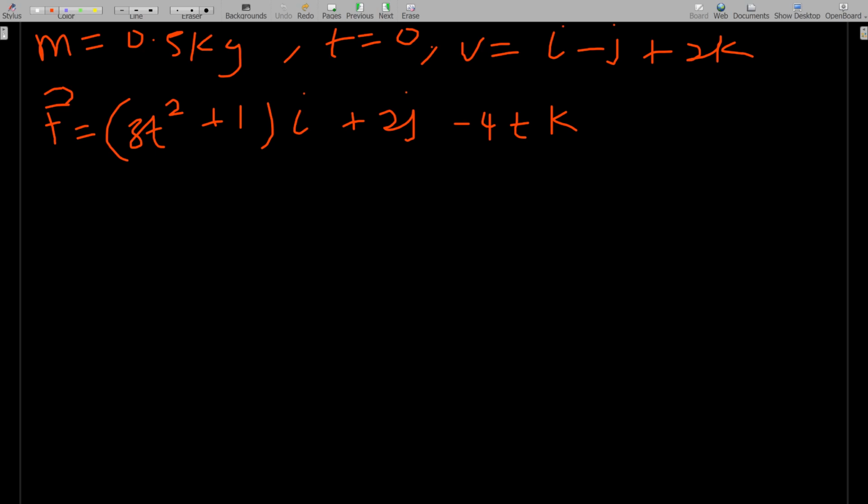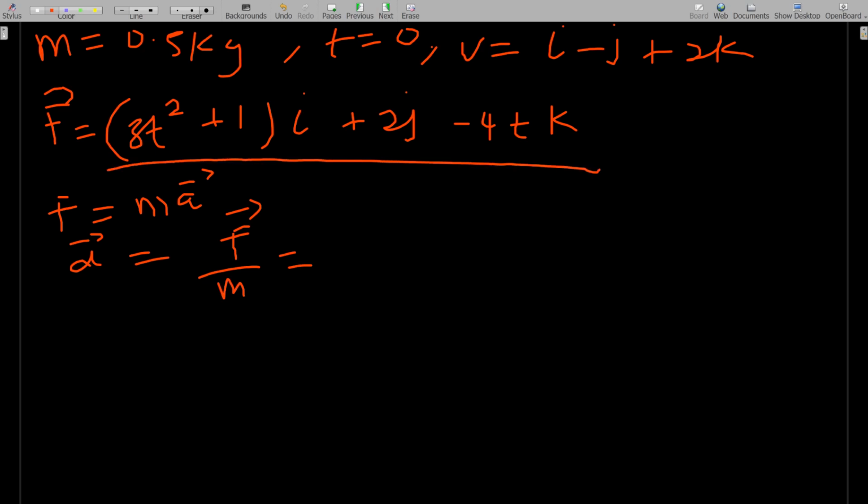From this force formula, force is equal to ma, meaning that my acceleration a is equal to F divided by m. So I just pick all these components and divide by 0.5, which is the mass in kilograms. So you divide each term by 0.5.